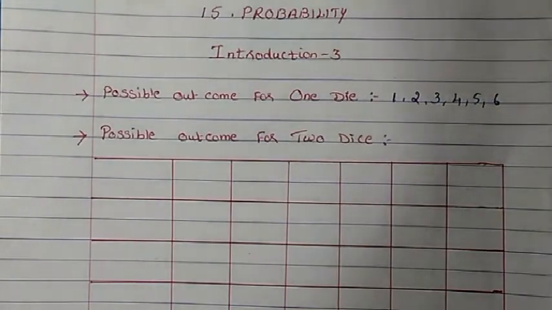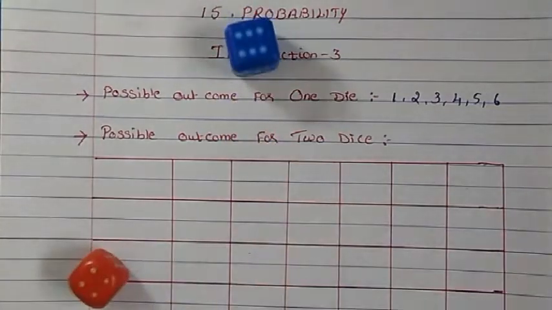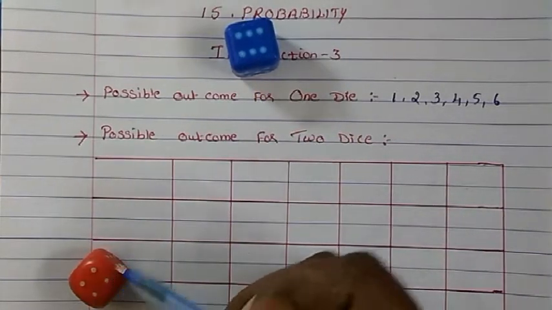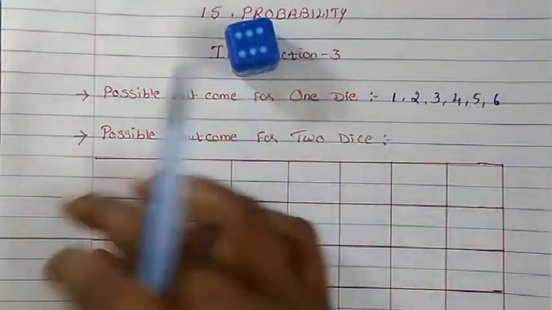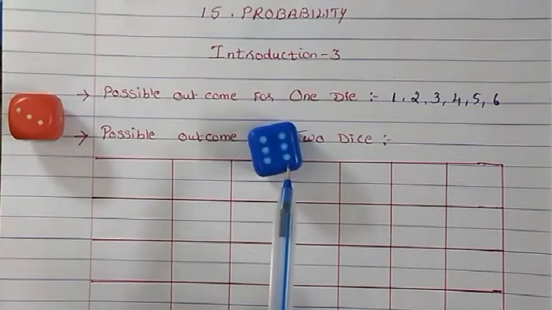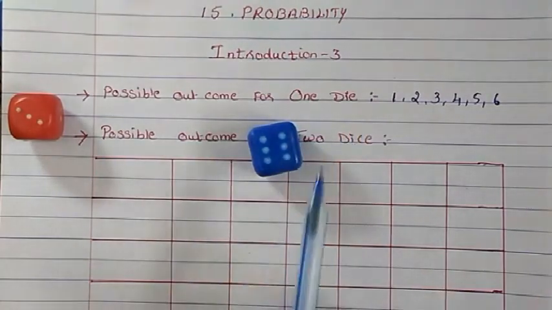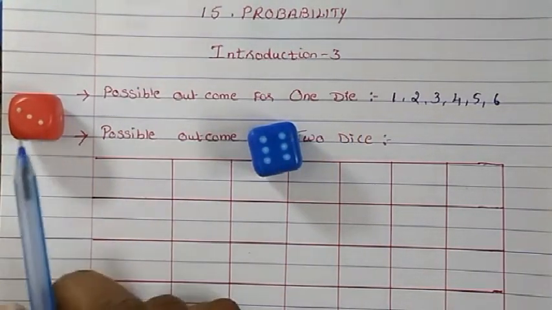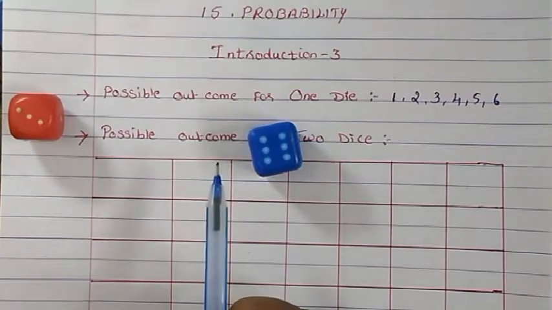Now if it is 2 dice, when we play, what are the possible outcomes we can get? Because it can be a different number. Red can be one number, blue can be another number, and second time when you throw it can be another number. So how many possible outcomes can we get when we throw 2 dice simultaneously?